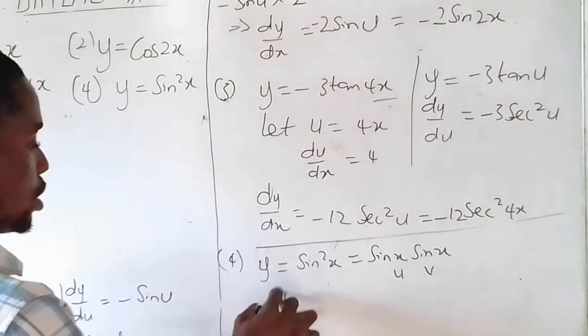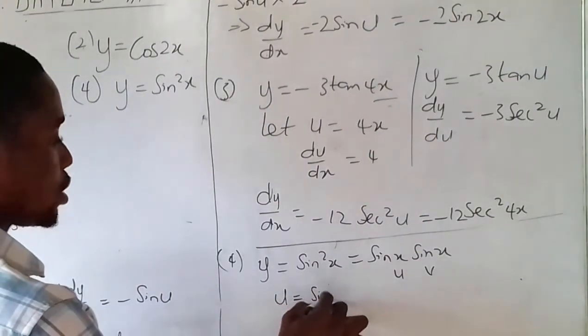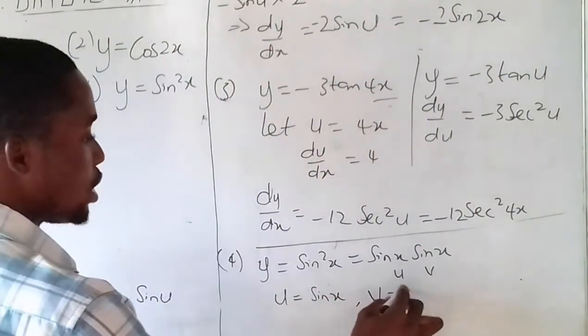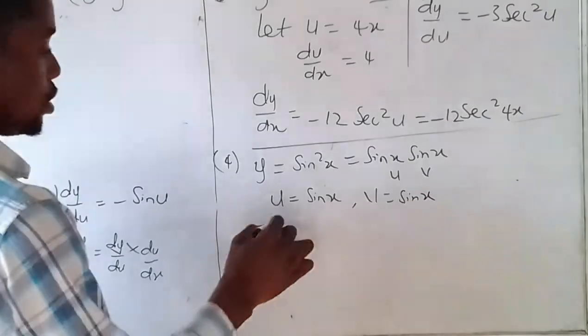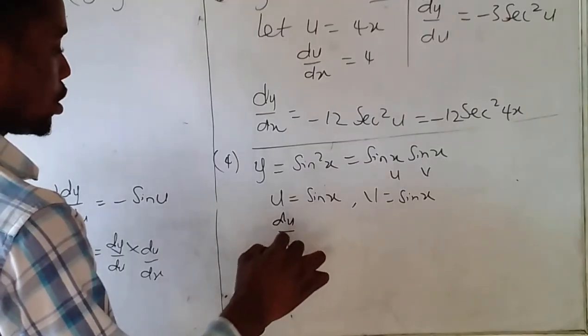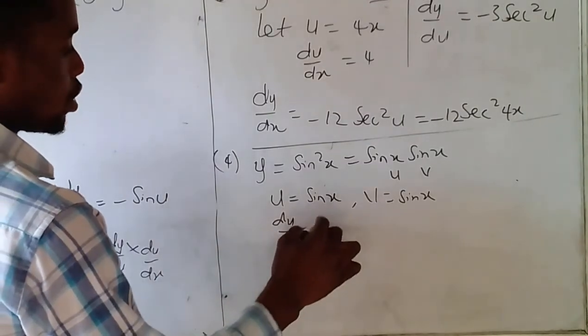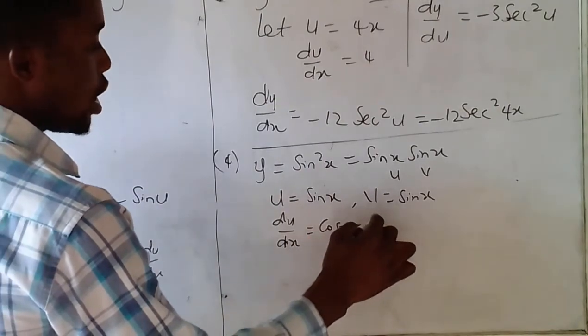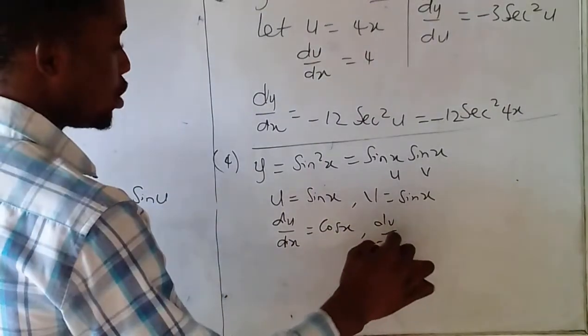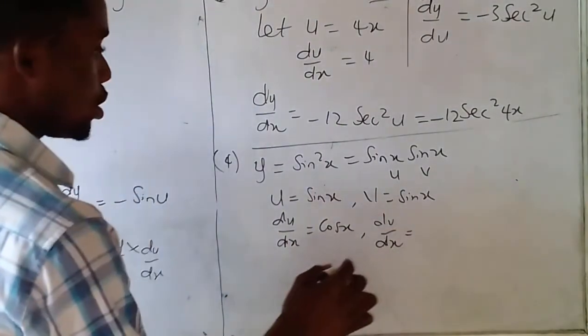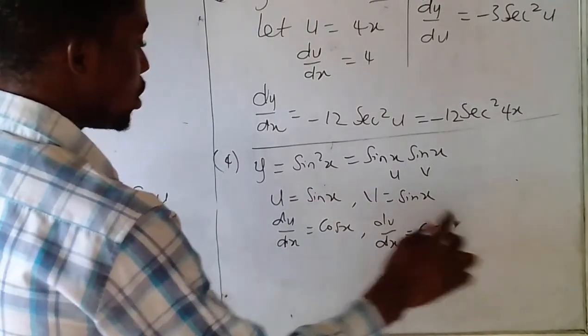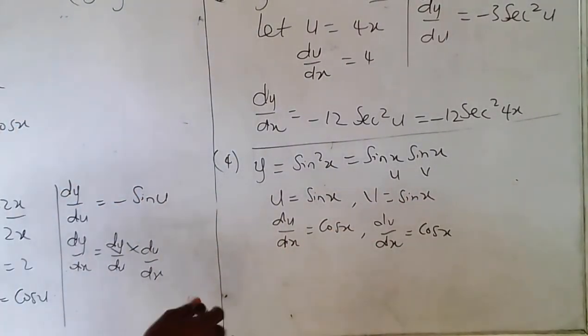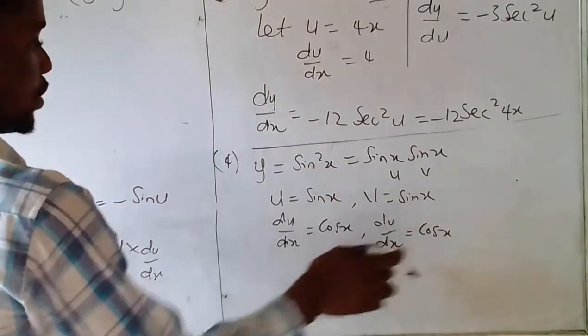In which case, since u is equal to sine x and v is equal to sine x, du/dx is going to be cos x from our table, and dv/dx is going to be cos x also, because they are both sine.